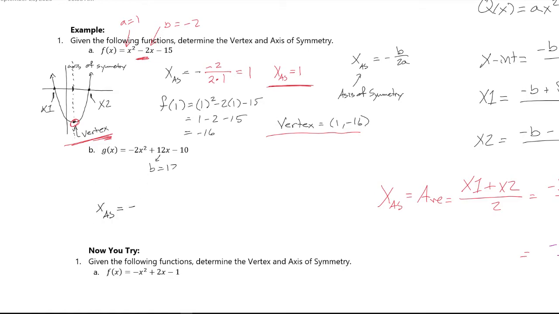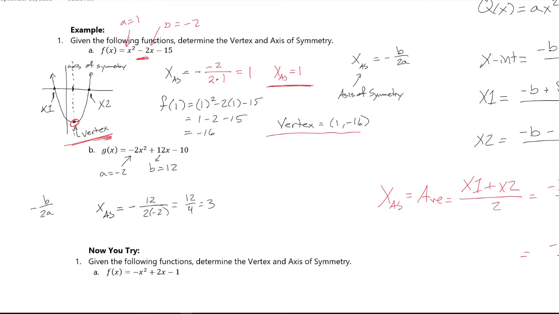B equals +12, and a equals -2. So those are the two numbers we need for our formula. So I have negative, and then b is 12 over 2 times a is -2. Right, it's negative b over 2 times a that we're using. And so the negatives cancel, and we get 12 over 4. 12 over 4 is 3. So the x value of the axis of symmetry is 3.